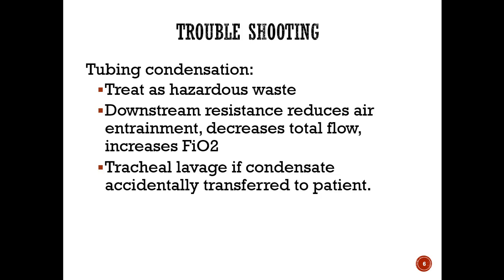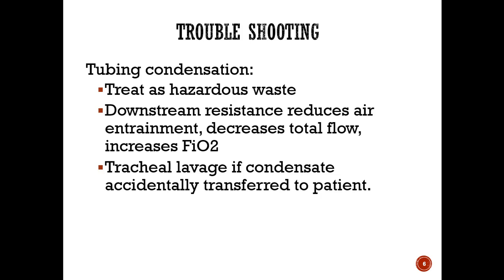If you have condensation in your tubing, to the point where there's a decent amount of water in there, it will create a back pressure or a resistance, and it makes it so those air entrainment ports are not able to entrain the air very effectively, because it almost acts like a blocking. That back pressure from the water sloshing in the tubes makes it so that the device basically cannot operate and pull in room air.